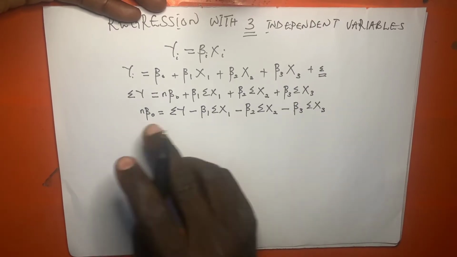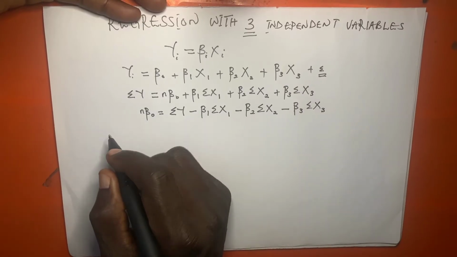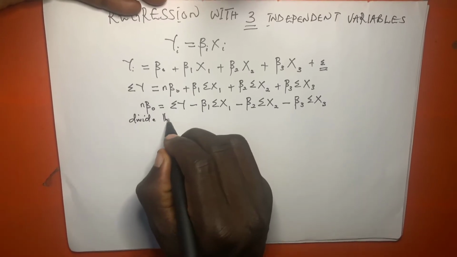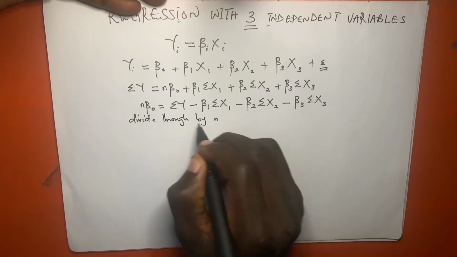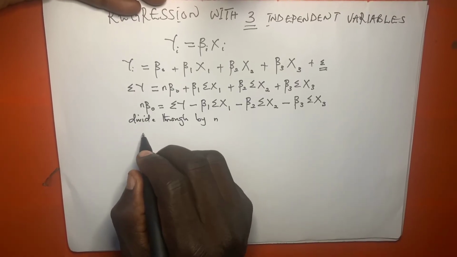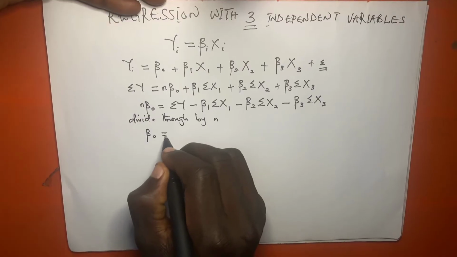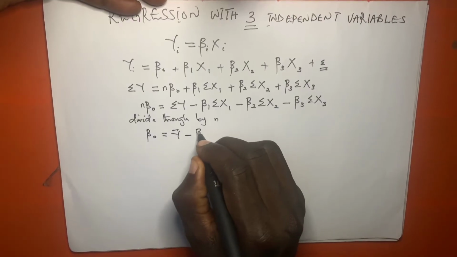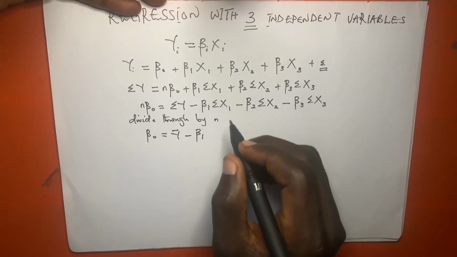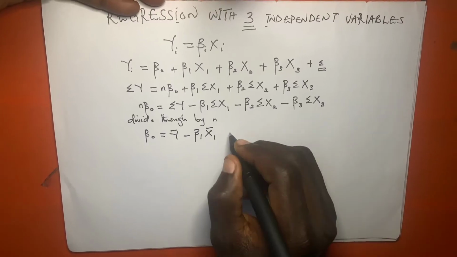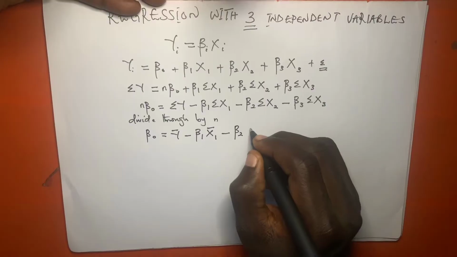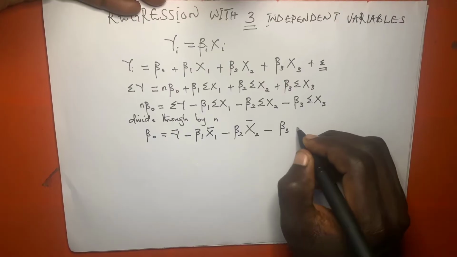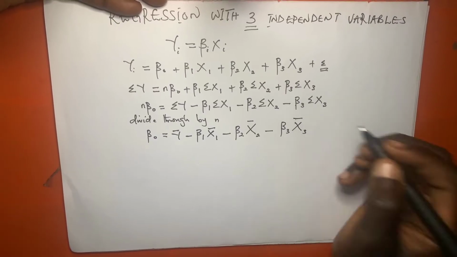Now, if you divide all of these through by n, we are going to have beta naught equals summation y divided by n, which gives us y bar, minus beta 1 summation x1 divided by n, which gives us x1 bar, minus beta 2 x2 bar, minus beta 3 x3 bar.